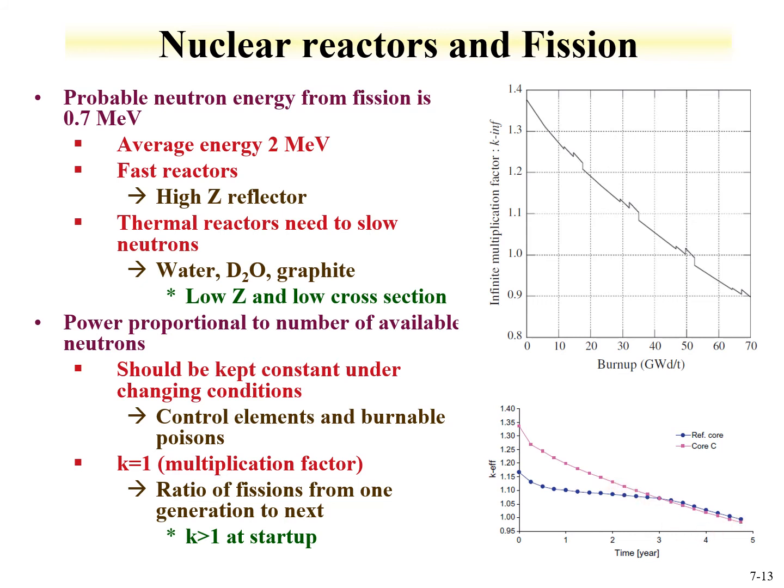One thing they would like to do in reactor systems is have a K effective which is fairly constant over time. Once you get a K effective below 1, you are no longer able to use that as fuel. In fact, you want a K effective really of 1. You want the ratio of fissions from one generation to the next to be nice and steady.